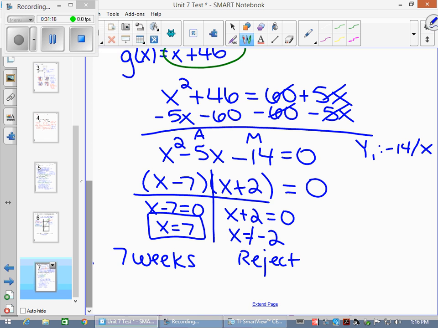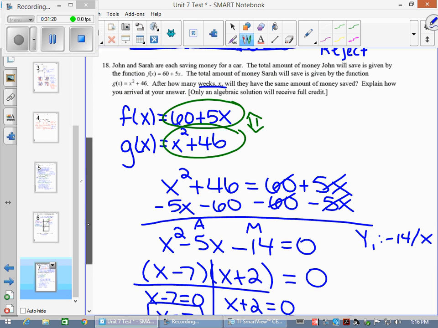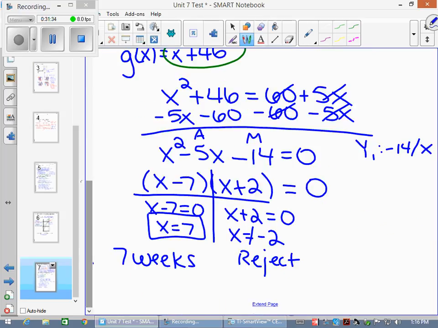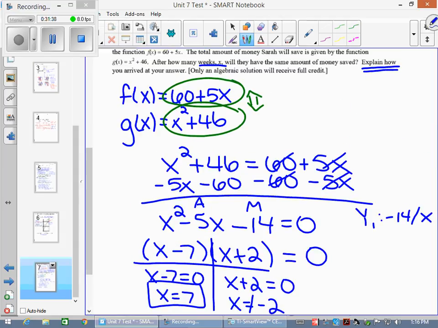So just writing 7 weeks is not enough information. To explain how I arrived at my answer, I need to say something about what I did with my algebra. So I'm just going to simply state I set the two equations equal to each other and solved for x. And that was enough to get full credit.